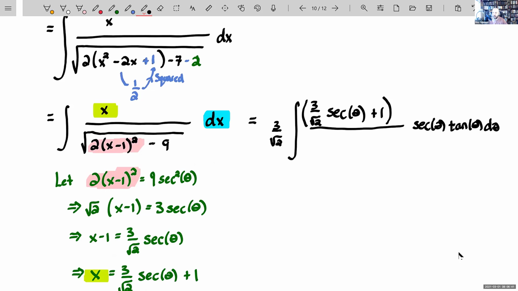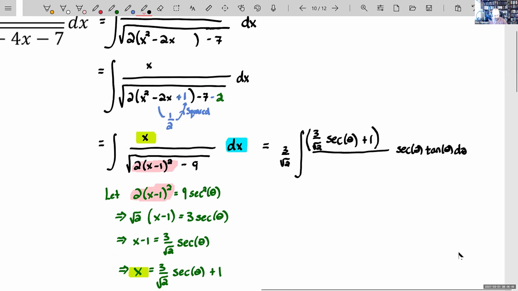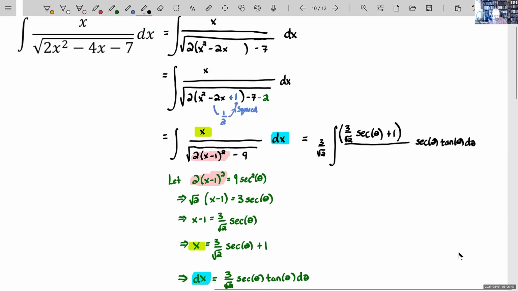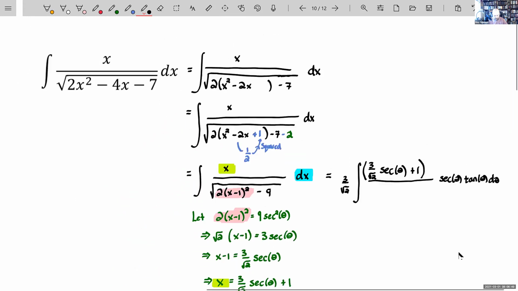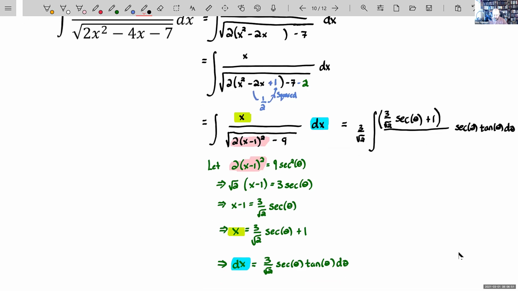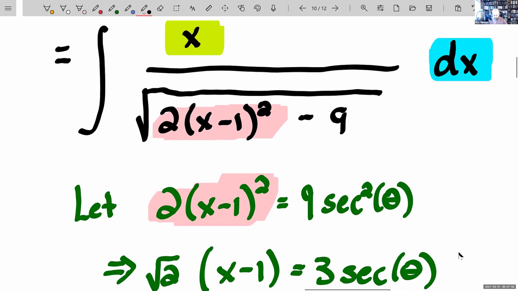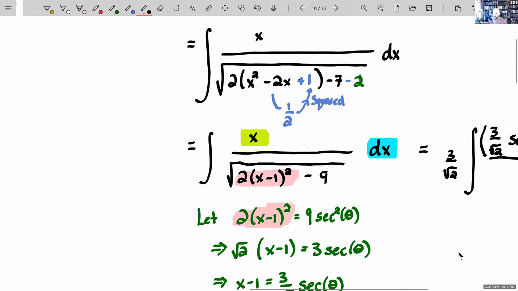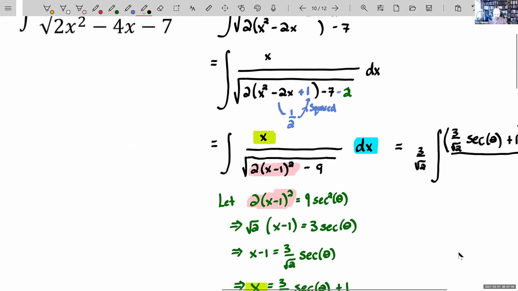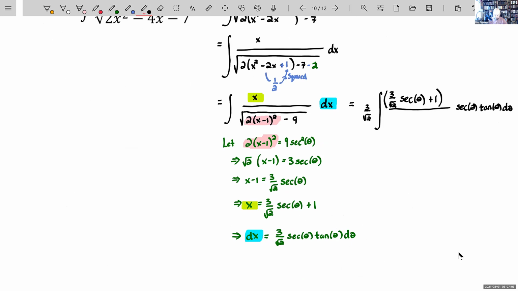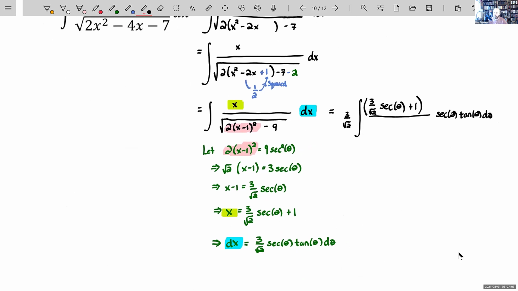And Avi, where did the -1 go from the secant squared of theta? The only secant squared I see is this one, and I don't know where a -1 would go. What do you mean it's -1? When it's secant squared minus 1.